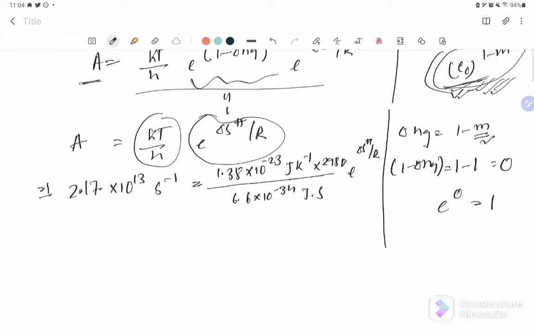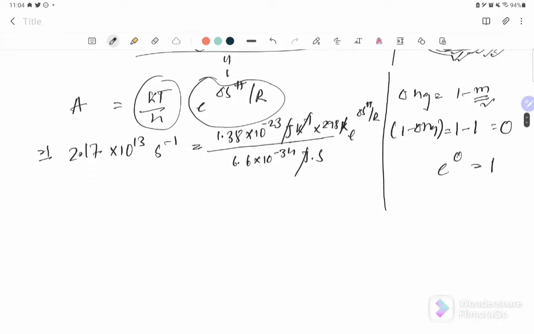Kelvin cancels out, joule cancels out, so it will be 1 by second, second inverse. So for e to the power ΔS by R, we get 2.17 into 10 to the power 13 second inverse by 6.23 into 10 to the power 12 second inverse.